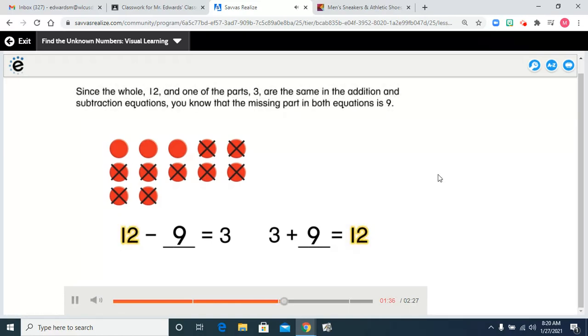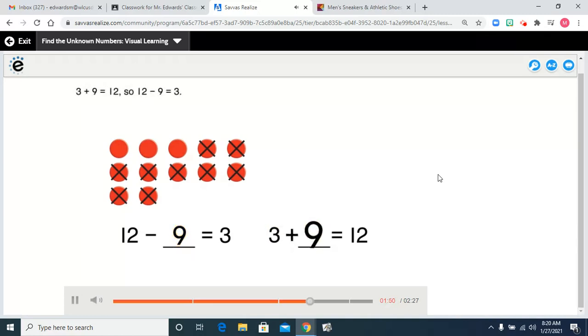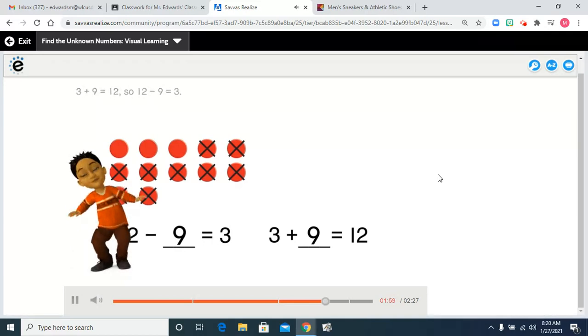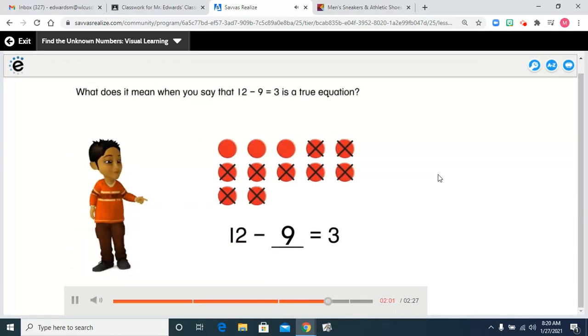Since the whole, 12, and one of the parts, 3, are the same in the addition and subtraction equations, you know that the missing part in both equations is 9. 3 plus 9 is equal to 12. So 12 minus 9 is equal to 3. 9 is the missing number. 9 makes the equation true.